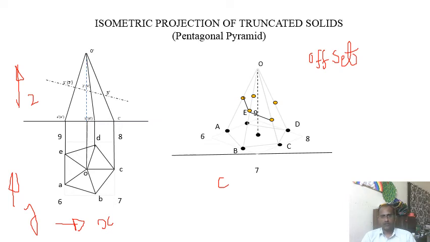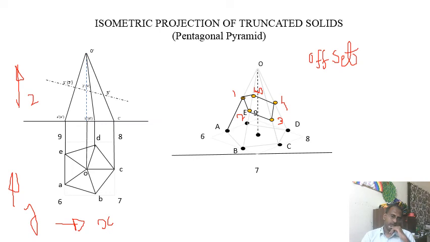Same way I have traced the other points, 1, 2, 3, 4, 5. Not named here anyway, so this is point 1, this is point 2, point 3, point 4, and point 5. So the cut points are traced by getting informations from the front and top view.